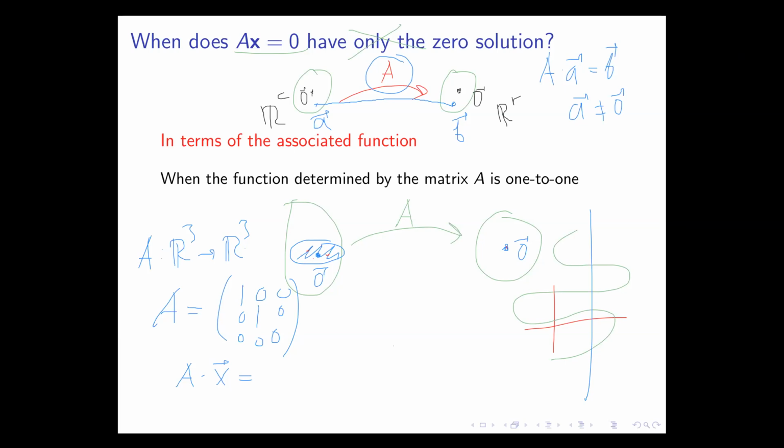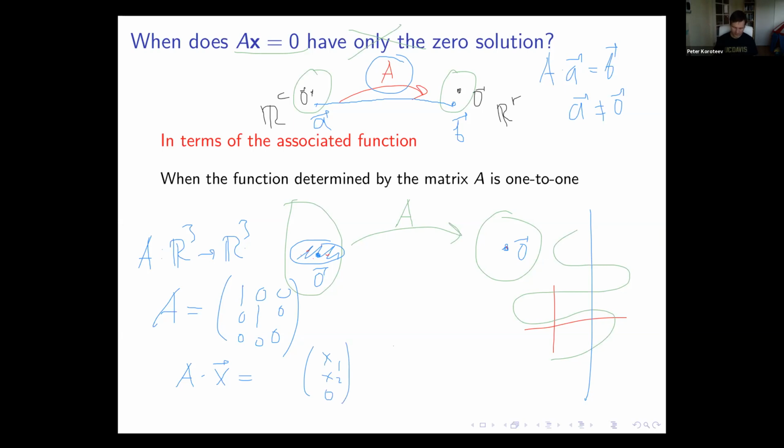So it's going to be a plane. Yep, that's right. Which plane? A plane through x1, x2. Yep, that's right. The reason is, let's say we act on a vector x with components x1, x2, x3; then the image will be x1, x2, 0.